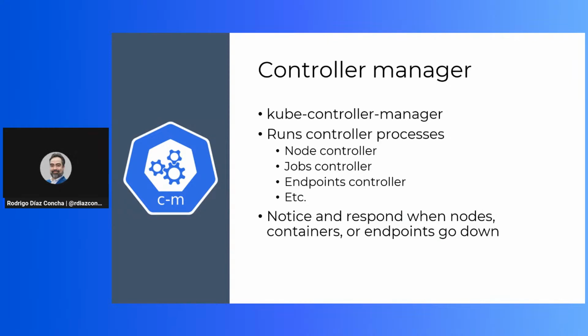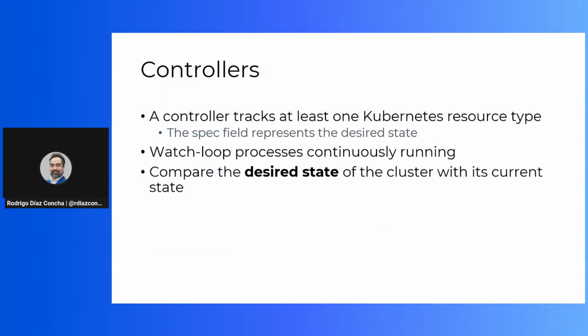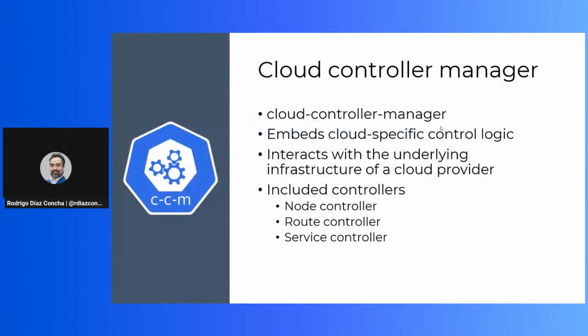So this is connected to maybe the deployment objects that you deploy for executing your own applications. As I mentioned before, there's one controller manager, however there are many controllers, and they track at least one Kubernetes resource type. So one controller manager is managing different controllers.